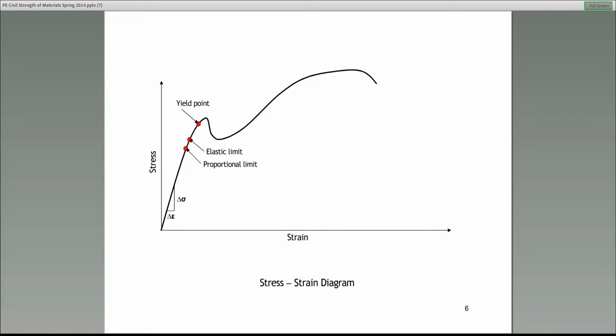I think you know what I'm talking about, the double kink in this area. All right? And that, actually, yield point is where the material yields. You may ask, what does that mean when you say the material yields? In order to answer that question, I would like to go to the next slide.